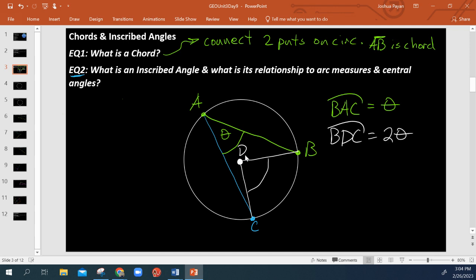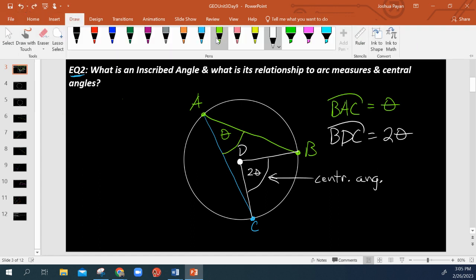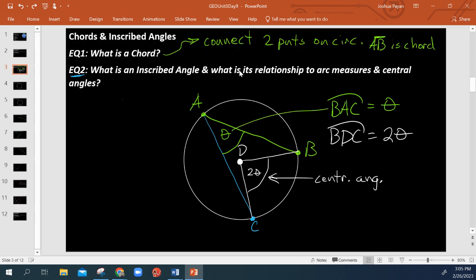This 2 times theta is a central angle, and this right here is an inscribed angle. Let me color code better: in green, that right there is an inscribed angle.